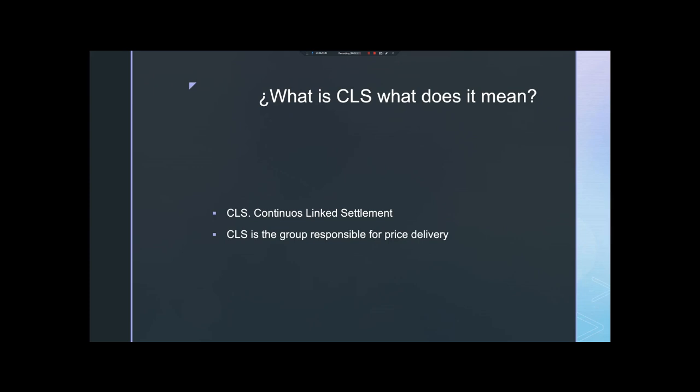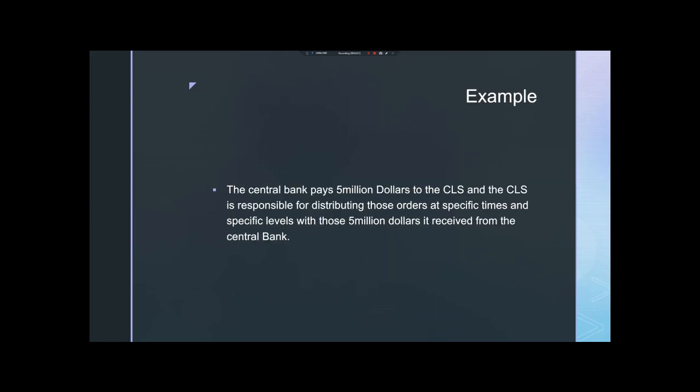So it's like a process. The big guys, the hedge funds, the mutual funds, the central bank, they pay to the CLS. They book the orders with the CLS, and from there the CLS starts distributing those orders in the market. That's basically what the CLS is: a company responsible for the price delivery in the market. Let's go to a quick example.